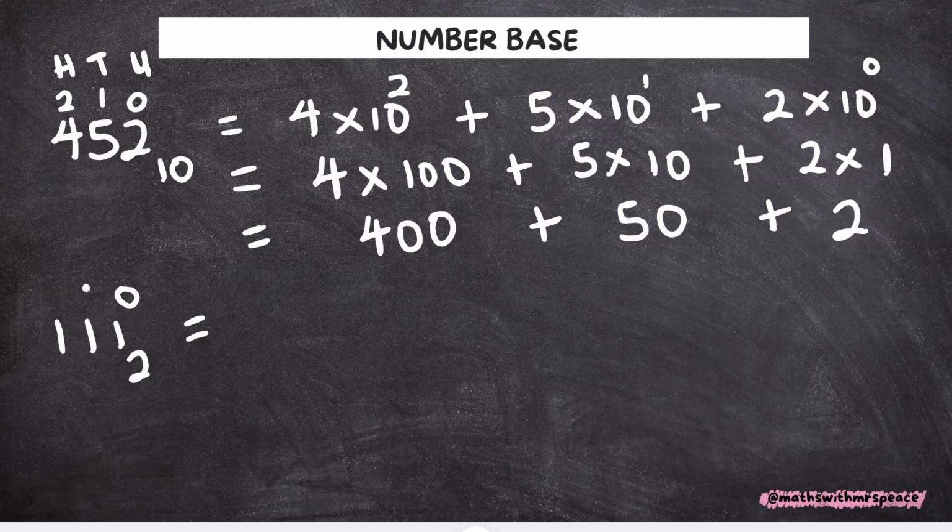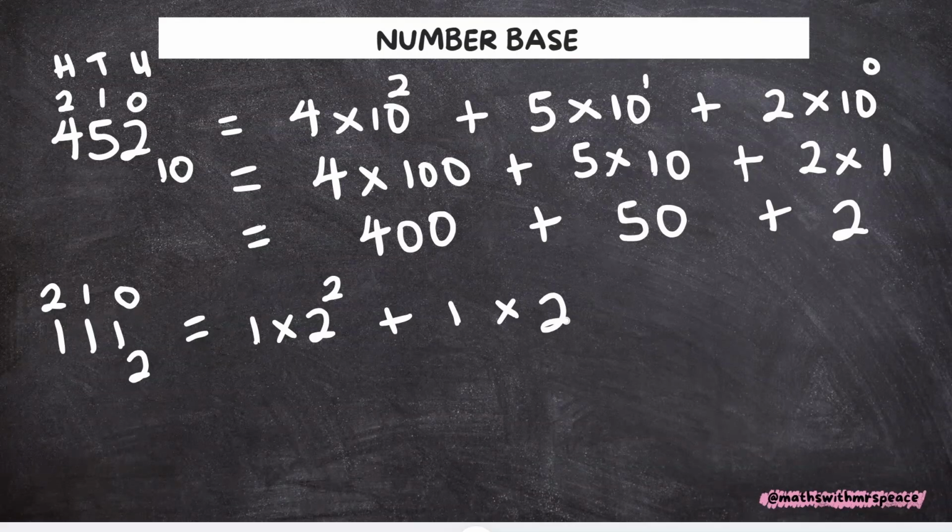So if I expand this just like I did for the number in base 10, it's going to be 1 times 2, 2 here being the base, raised to the power of 2, plus 1 times 2 raised to the power of 1, plus 1 times 2 raised to the power of 0.